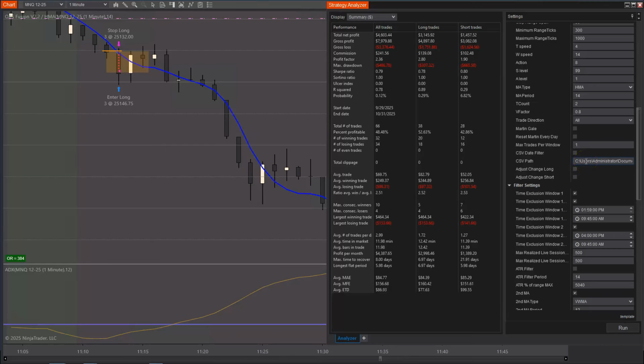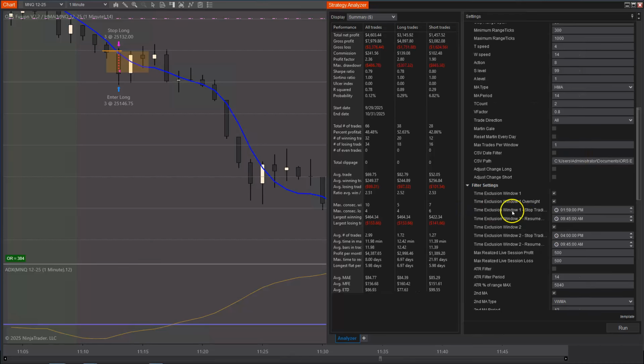But basically with that CSV file, you can tell the strategy to not trade any particular day you want. So maybe you want to exclude all FOMC days. Maybe you want to try and see what happens if you exclude all non-farm payroll days, or every Friday, or whatever, or just bank holidays. But for these tests, I just want to let it run wild. Basically, I don't want to exclude any days whatsoever.